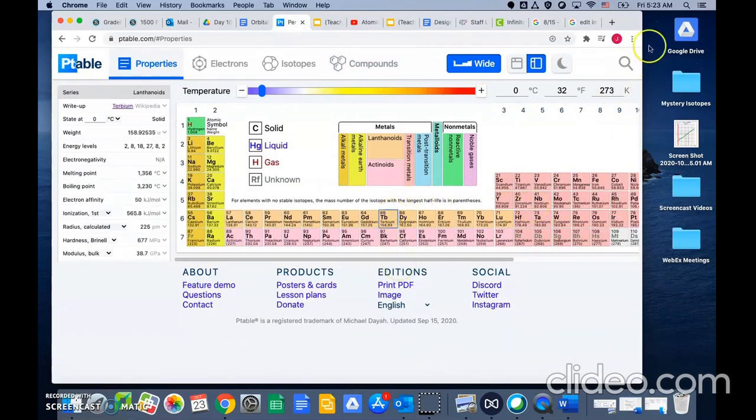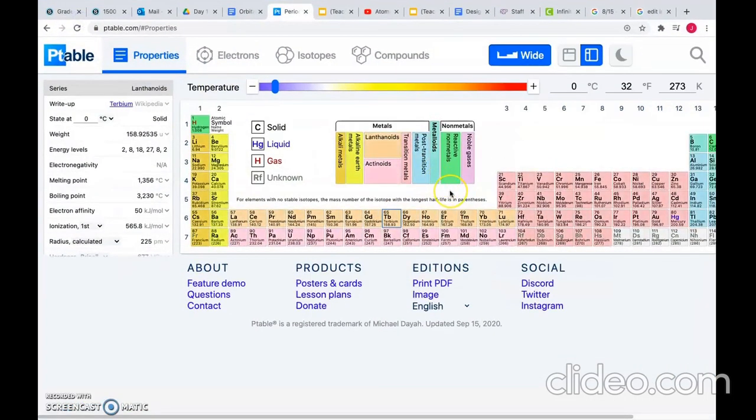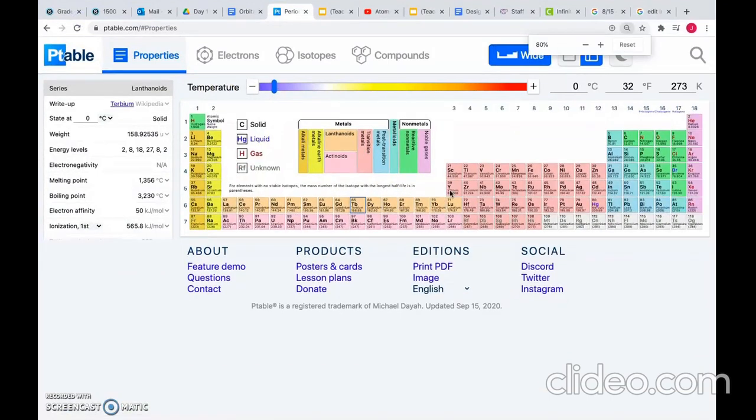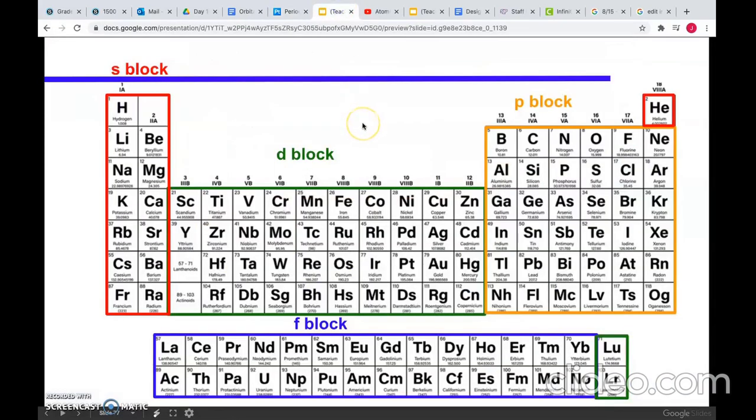Oh, except we can't fit the wide view in one screen. Maybe if I go full screen. And then if I zoom out. Okay, so this is terbium right here. But if we follow that back, we can see that it's in the 6th period. So what's the noble gas in the 5th period? That's xenon. That's what we're going to start off with here, is xenon.